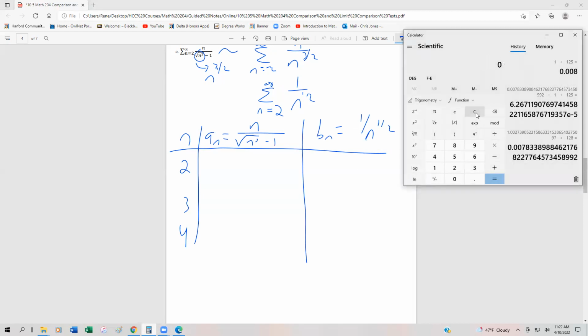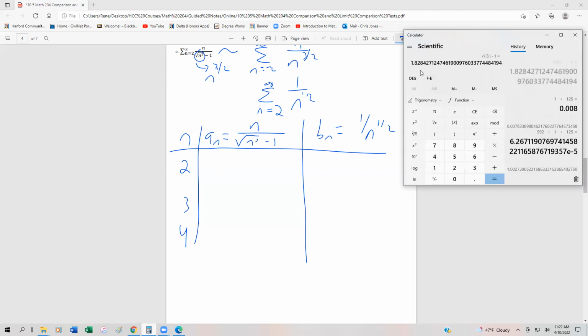Okay, so we're just going to substitute these back into our calculator. Just some rote computation. We plug in 2. Let's figure out the denominator first. This is 2 cubed, so it's the square root of 8 minus 1, which is 1.828.